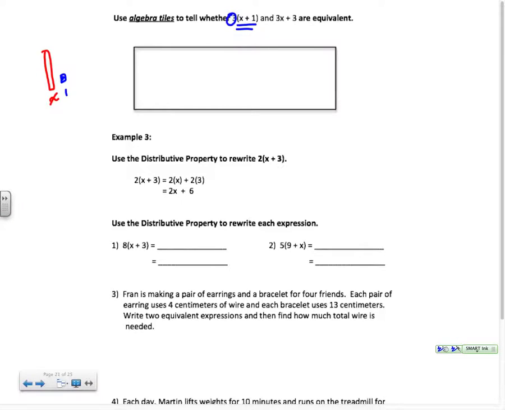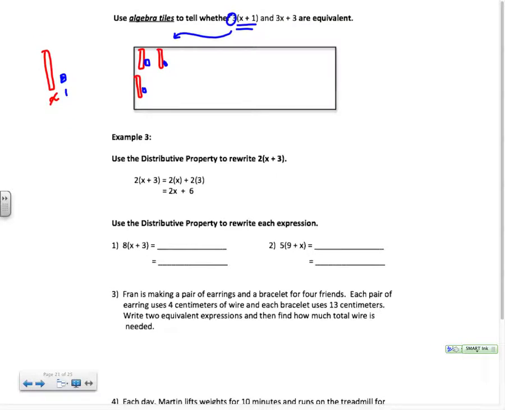Okay, so my first group would look like this, x plus 1. And it says I have 3 of those, so I'm going to make another group of that. An x plus a 1, so there's 2 of those groups. And then my third group would be an x plus a 1. Okay, so this represents that.